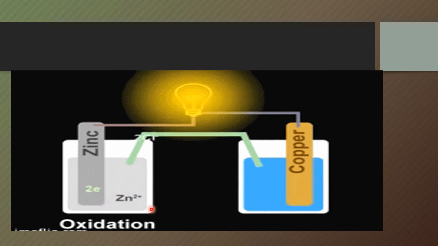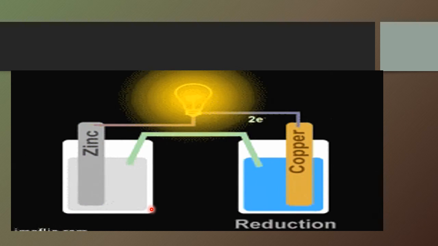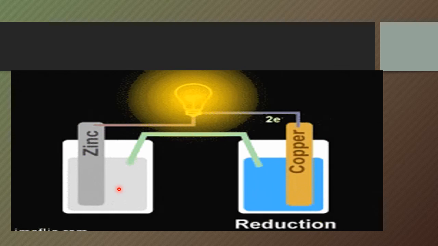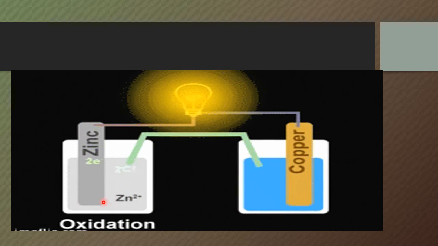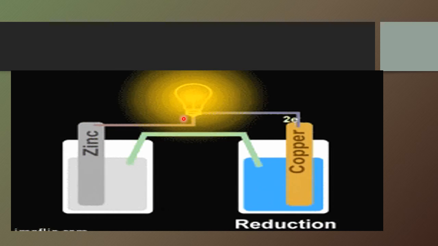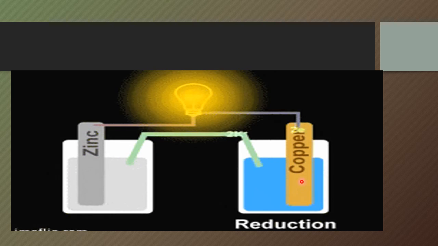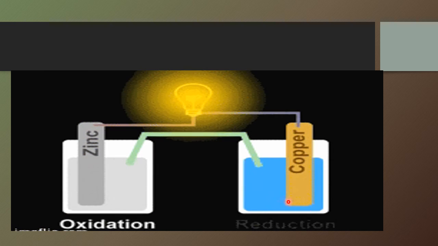So this is again a diagram for your understanding, the diagram for the Voltaic cell. In this you may observe that this one is the zinc electrode, that is the anode. You may observe that this zinc is undergoing oxidation, it is losing electrons, and these electrons are flowing through this external wire and coming to the copper, and copper is gaining these electrons, and that's why copper is undergoing reduction.